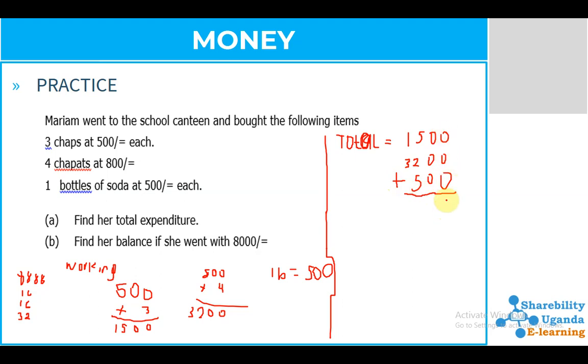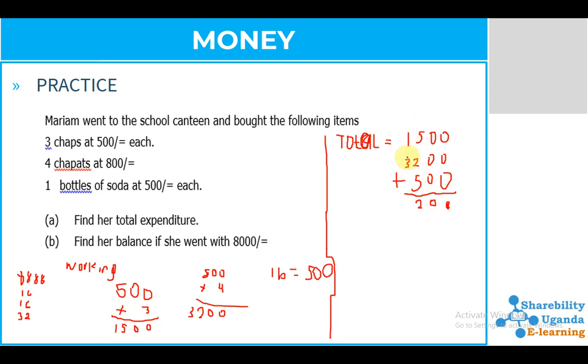So here there are zeros, these are zeros, here these are also zeros. Then 5 plus 2, 7 plus 5, that is 12. We write 2 and carry 1.